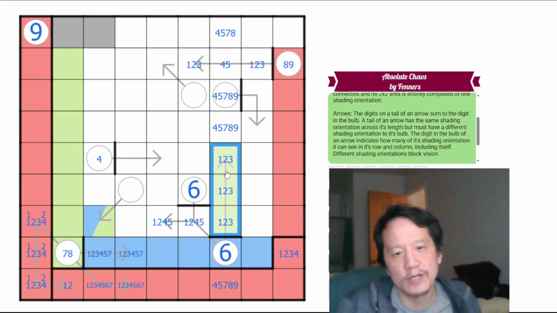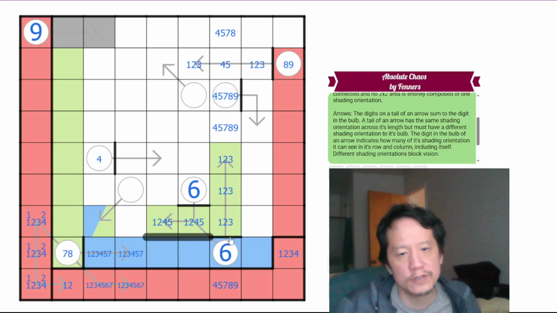This is green then. That's interesting. This is a different orientation and it cannot be red. This must be green also. So this is all separate region. Since this is green, this can never be red. This has to be blue, essentially.